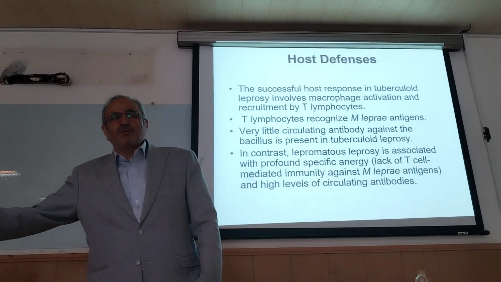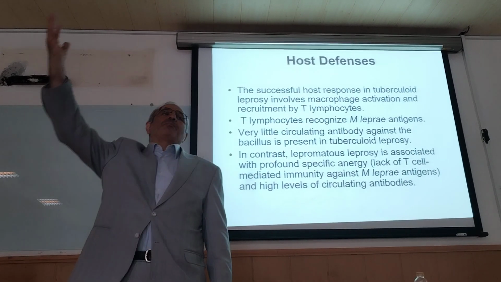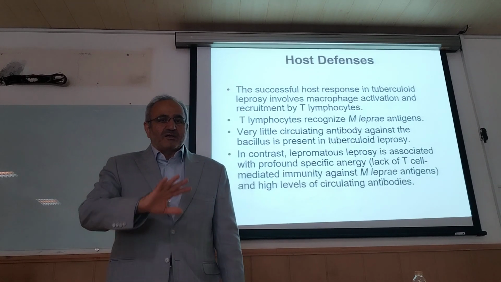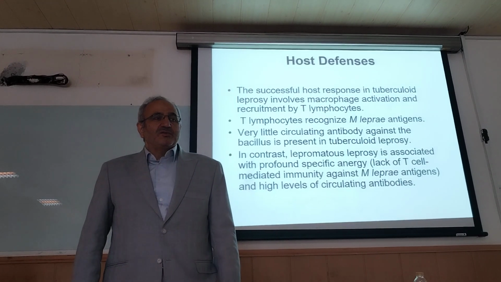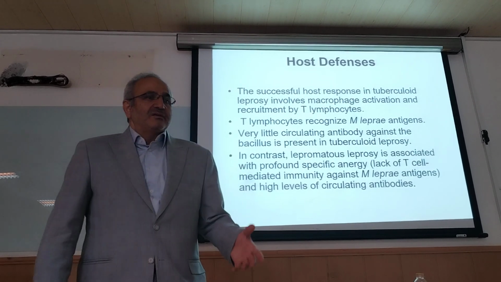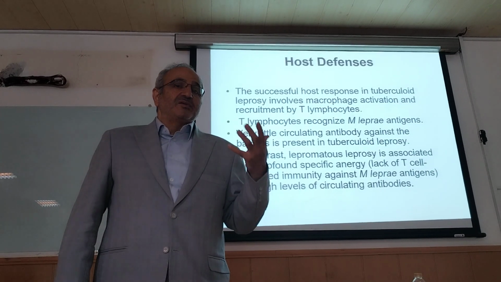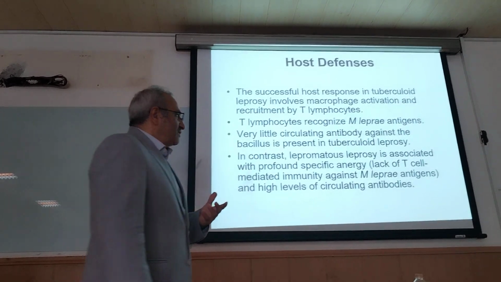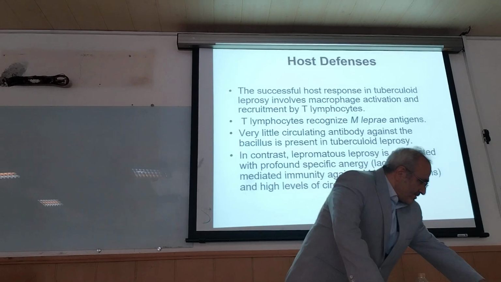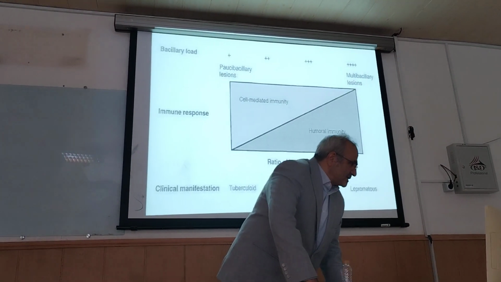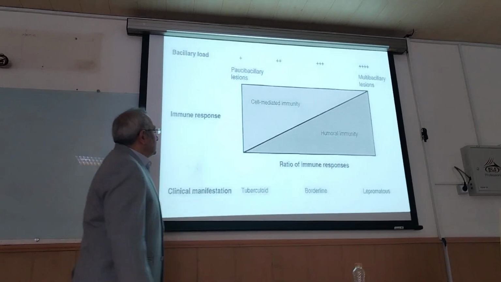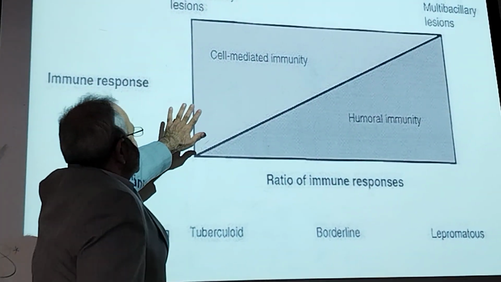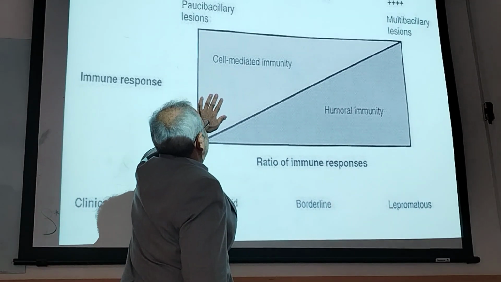In lepromatous leprosy, antibodies go up, but these antibodies are not protective. In tuberculous leprosy, cell-mediated immunity is active, so it is T-cell mediated. See in this slide, here cell-mediated immunity is active.